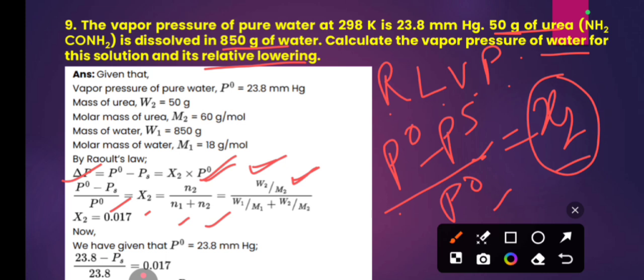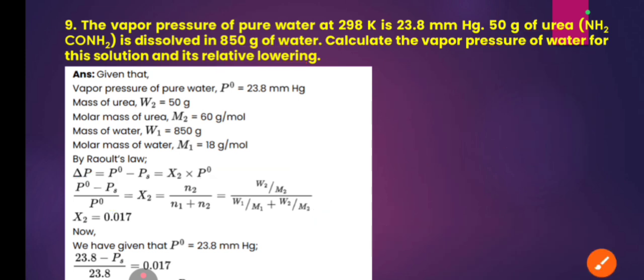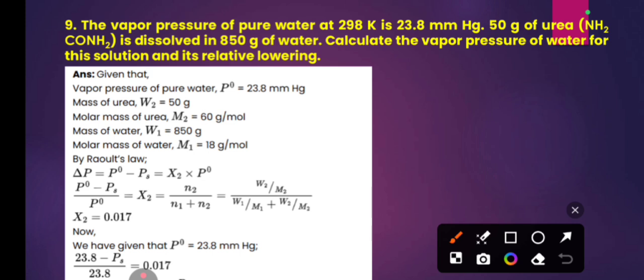Given mass of water is 850 gram, and molar mass of water we also know very well. How are you solving this? H2O, 2 plus 16, equal to 18. So you have everything, and you can solve the numerical.